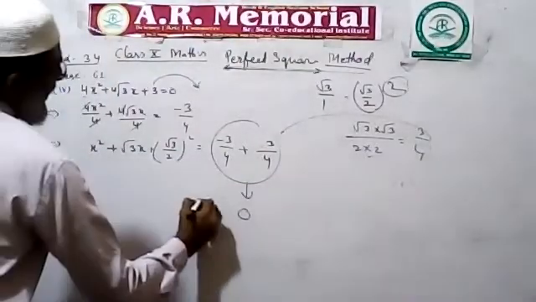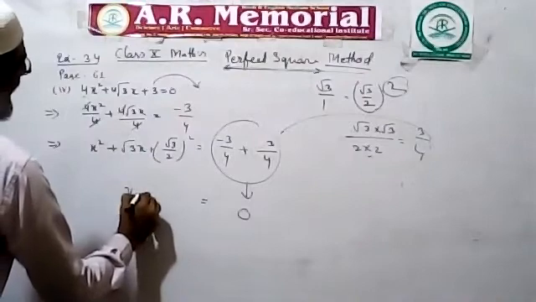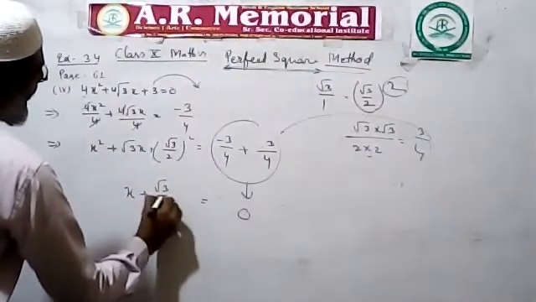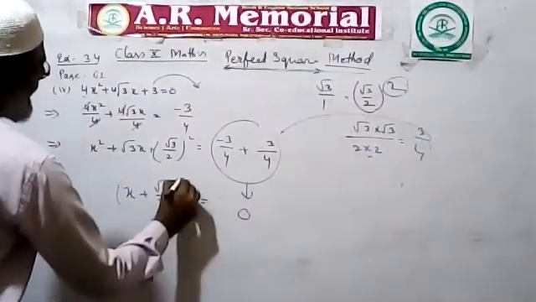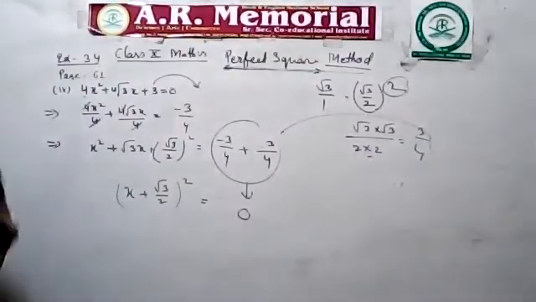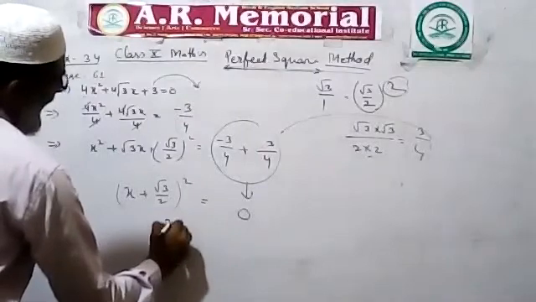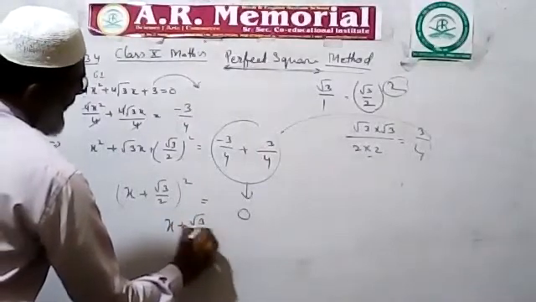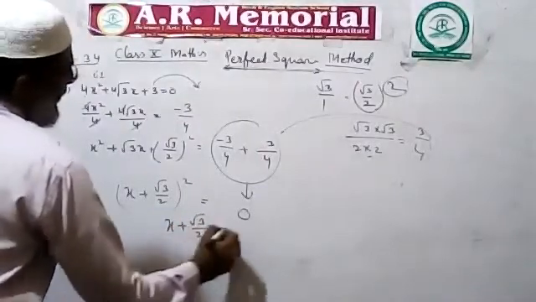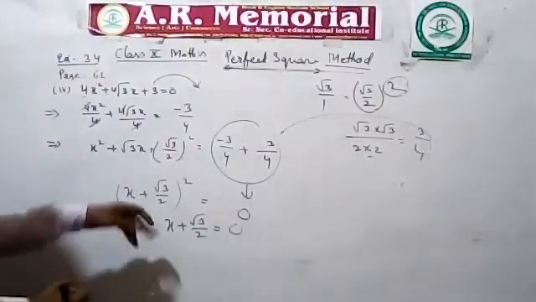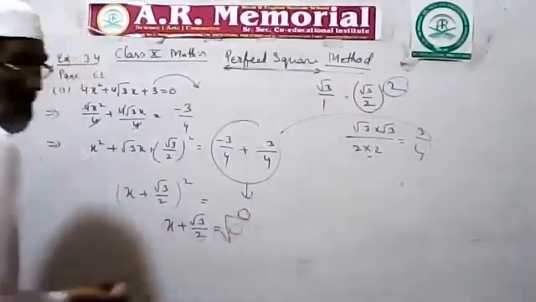Now come to this side. What happened? x plus root 3 upon 2 whole square. Now the square goes to that side, and x plus root 3 upon 2 equals 0, because the root of 0 is always 0.